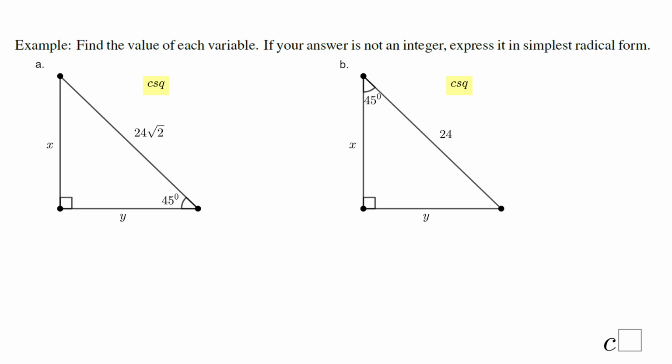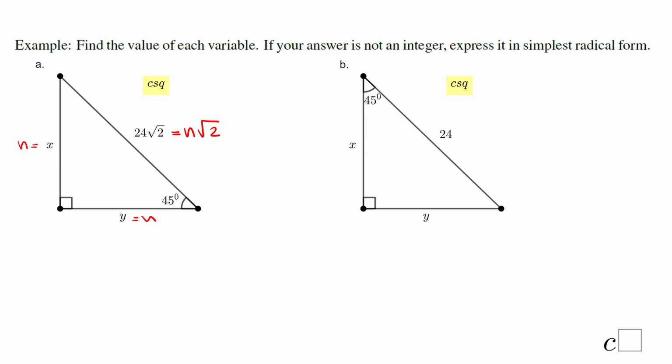Very similar question, however different, because now you notice on these two problems the hypotenuse is given. This hypotenuse, you remember, is n square root of 2. These two guys are n.